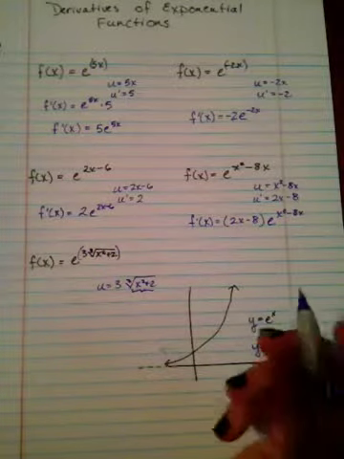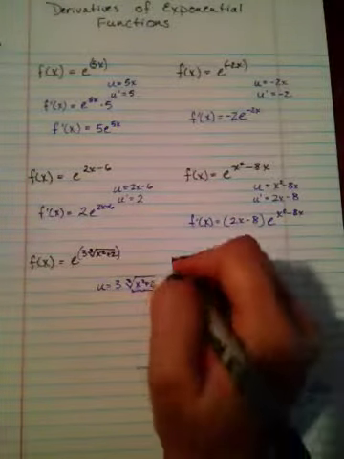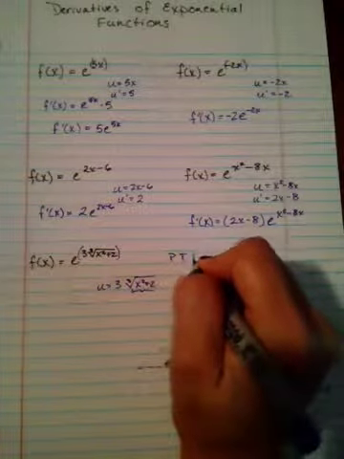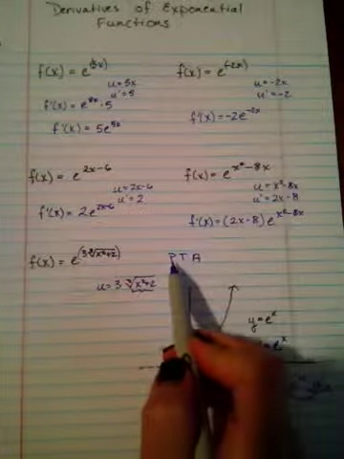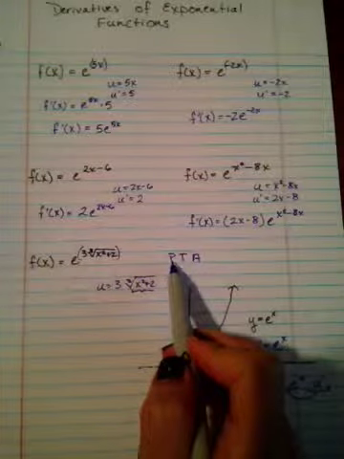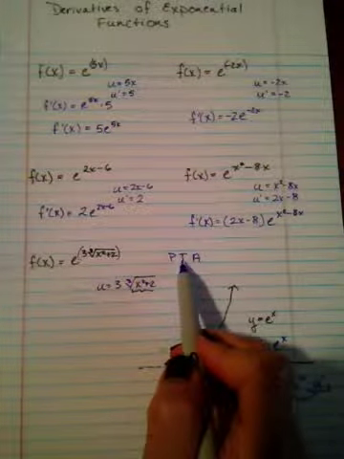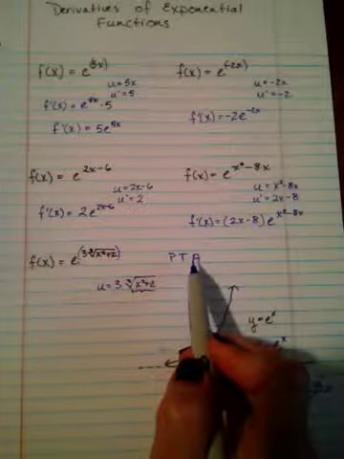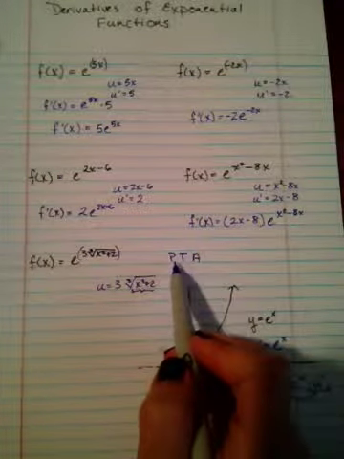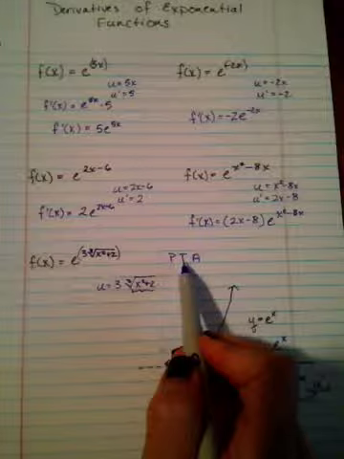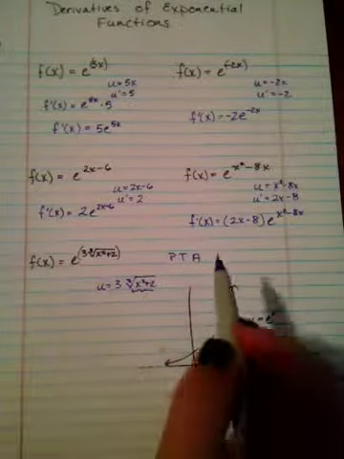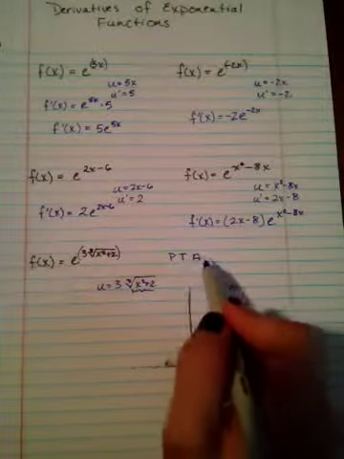So what I'm going to do is something with the PTA rule. It's P, T, A. And we're going to multiply the derivative of the power times the derivative of the transcendental function times the derivative of the argument. So I have to deal with the power, the transcendental, and the argument in some kind of order. And all that really reminds you is that you're going to have three things going on.